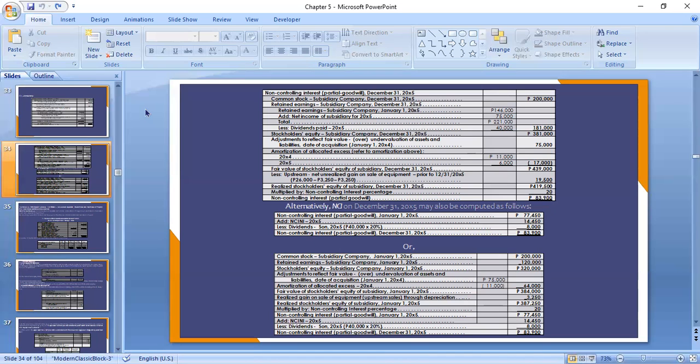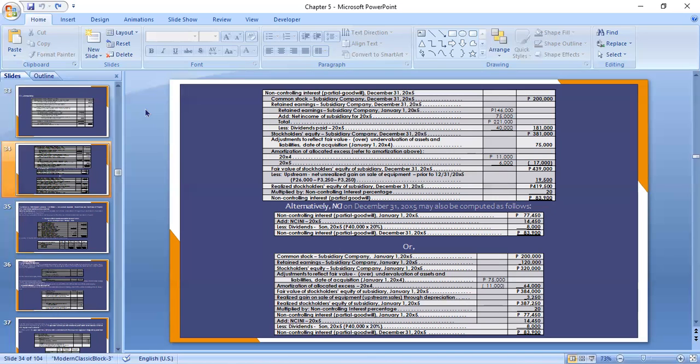So the difference is the fair value of stockholders' equity of subsidiary on December 31, 20x5, and deduct the upstream net unrealized gain on sale of equipment prior to December 31, 20x5, which is 26,000, but we have already 3,250 realized for 2 years.